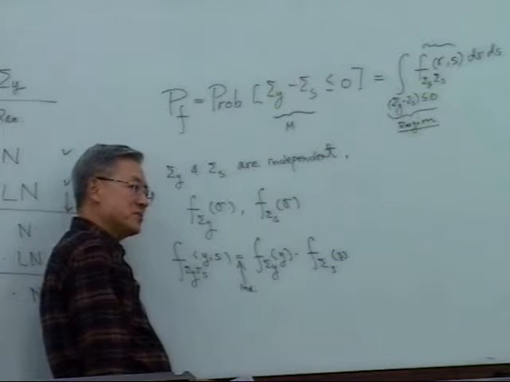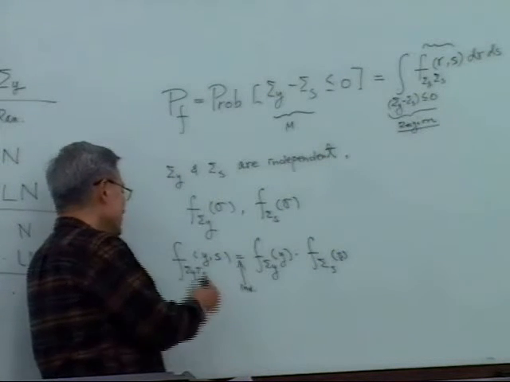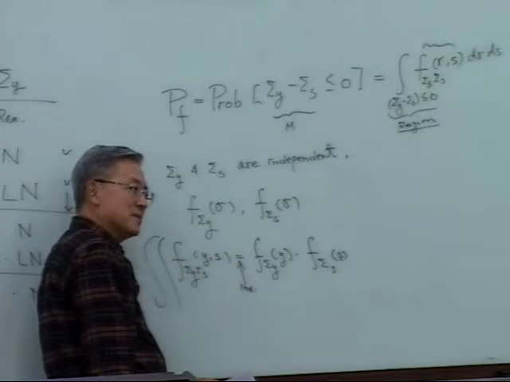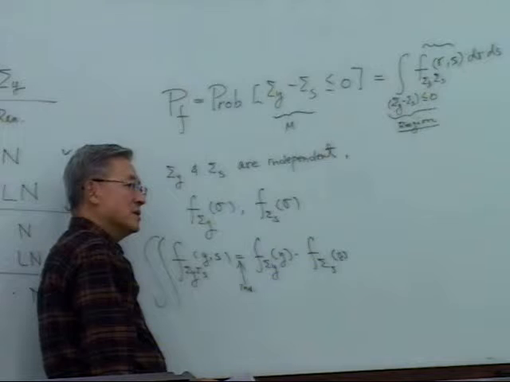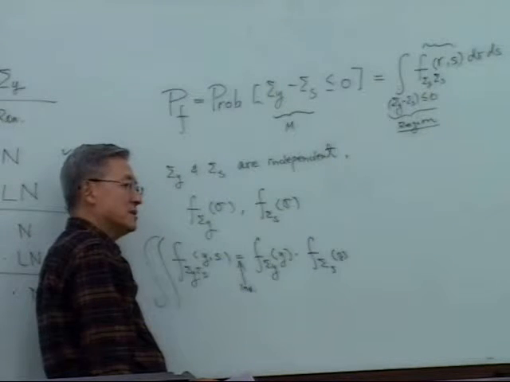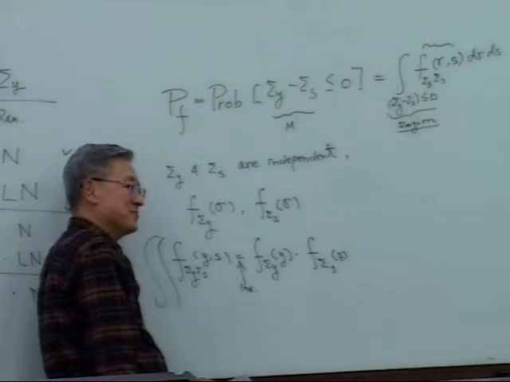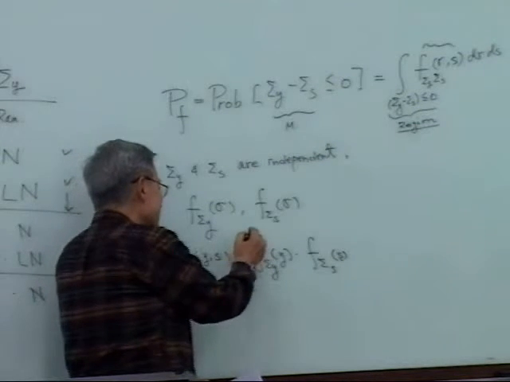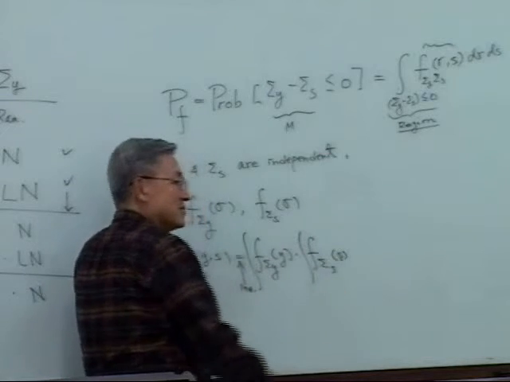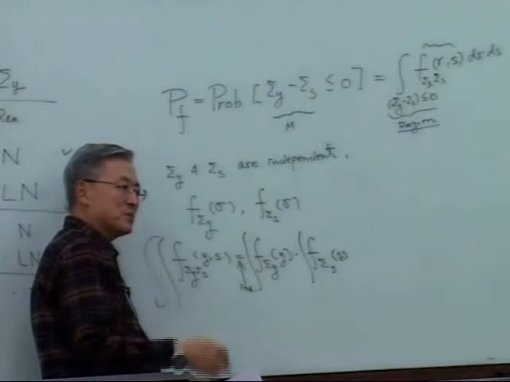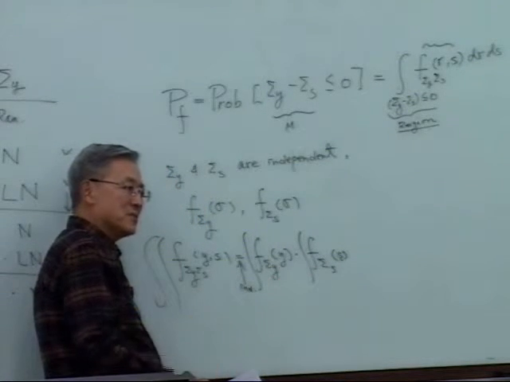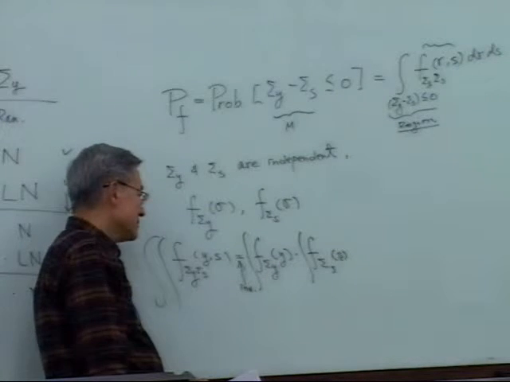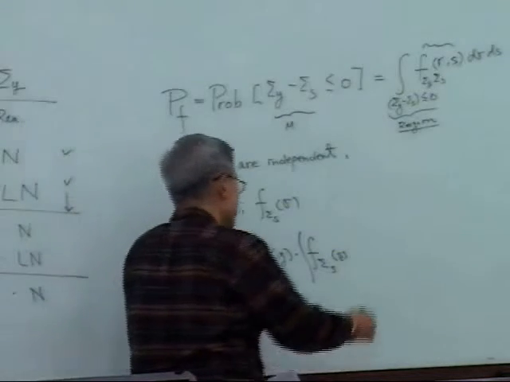And independent of each other, when you integrate this to get the joint, then it is only the multiplication of the integration of two different things, and you get the result out. So that's what happened.